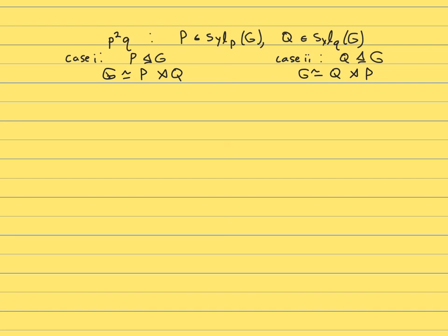And so in this case, you're looking at all the possible ways that you can find a homomorphism from Q into the automorphism group of P. And over here, you're classifying all homomorphisms from P into the automorphism group of Q. Q has power 1 here, so this is a cyclic group. The only issue, of course, is it's not clear what P is.